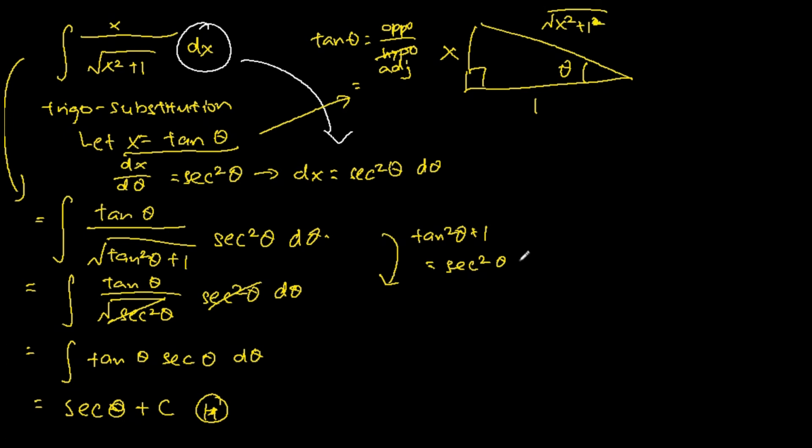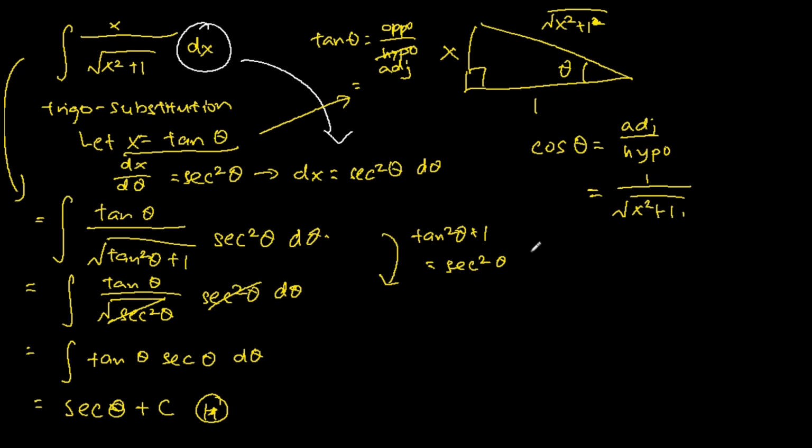Alright, so basically to solve my problem, we know that cosine theta is equivalent to the adjacent over hypotenuse, which is equivalent to just 1 over the square root of x squared plus 1.